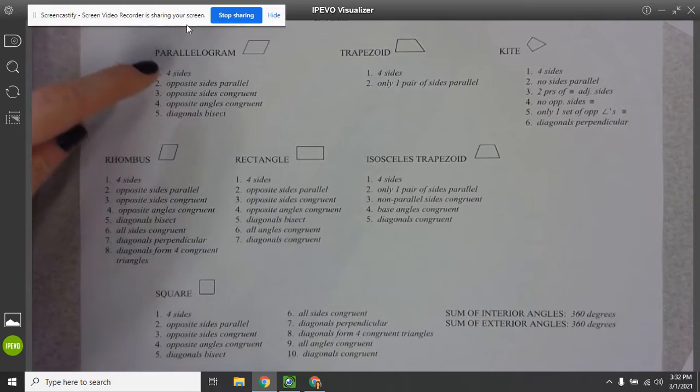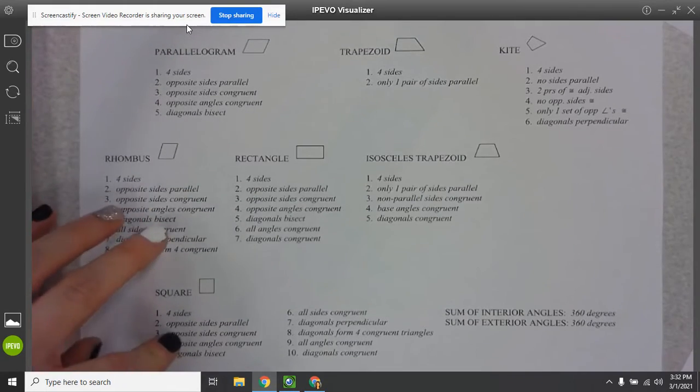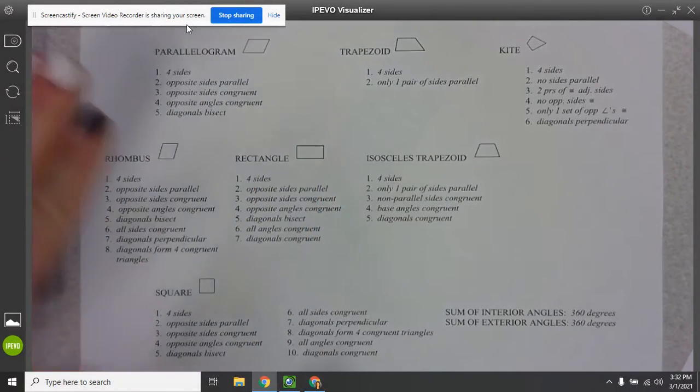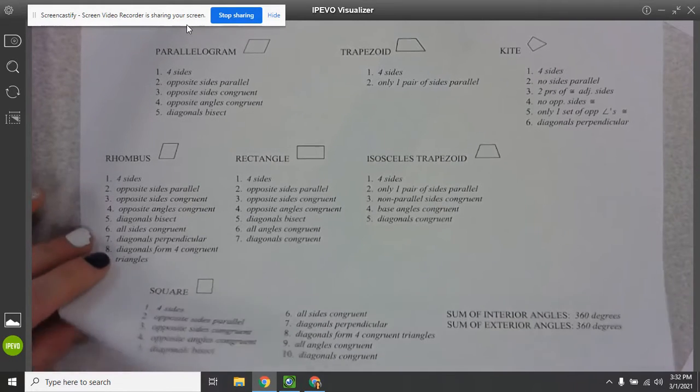Mostly we're going to be talking about parallelogram, rhombus, rectangle, and square. These are kind of just extra. We're going to classify this in our notes again using a checkmark table to make it a little bit easier to look at. But this is your family tree, which you have access to.